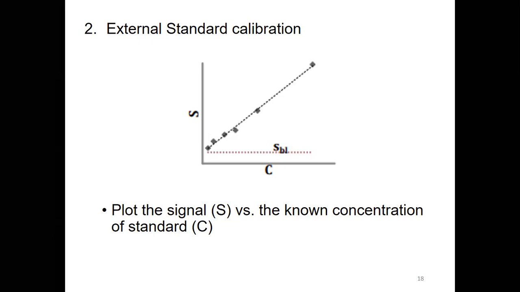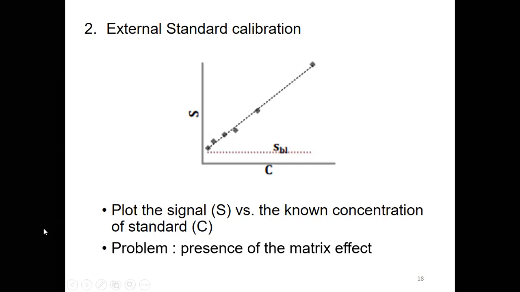There's a disadvantage of this method, external standard calibration. What is it? It's the matrix effect. Suppose the standard has one component A, but in the actual situation, when component A is present in a sample, other components available in the sample will interfere with the analyte signal.